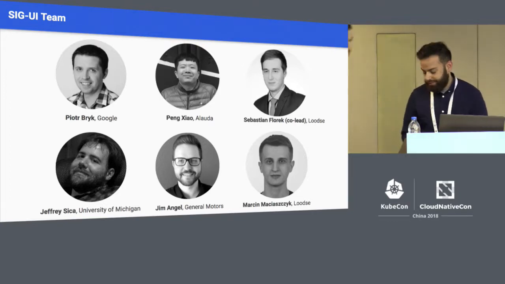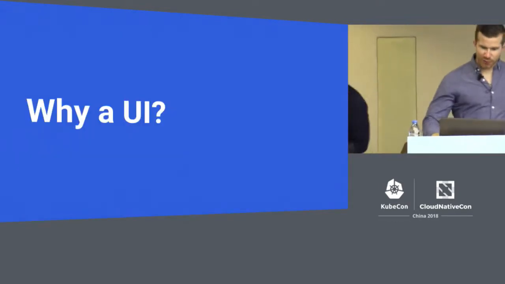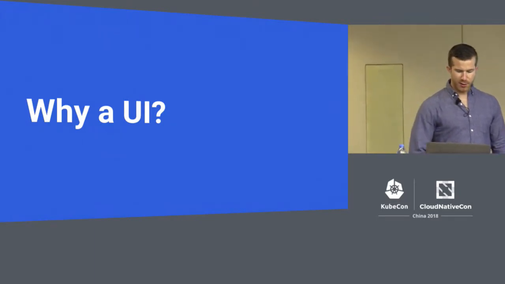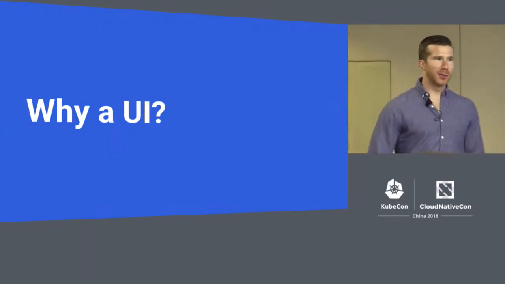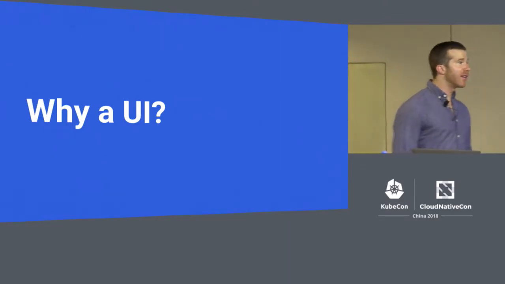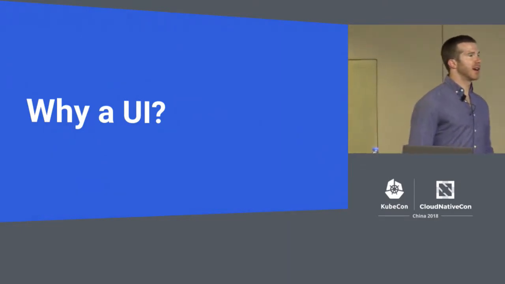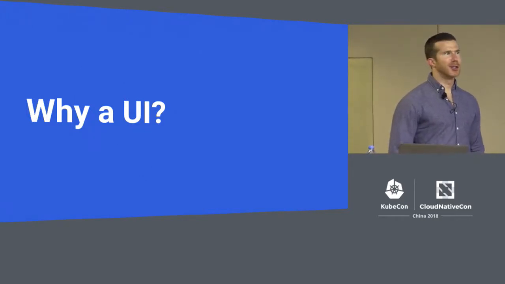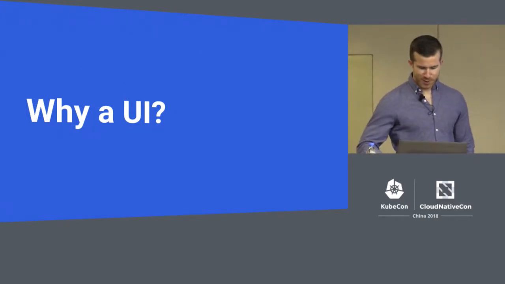All right, thanks, Spencer. So before we go any further, I want to delve into this question of why we should have a UI for Kubernetes. There's kubectl, and we have APIs and other ways to interact with Kubernetes. So what function does a UI provide? We're going to get into some evidence now of the usefulness of Dashboard.